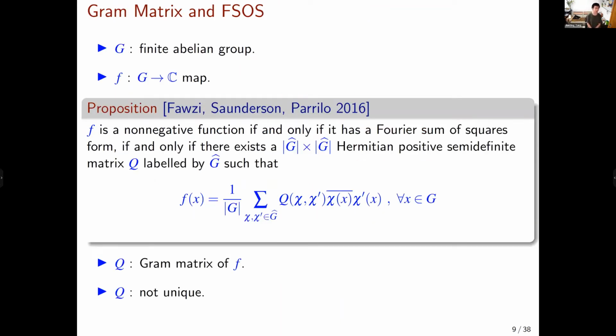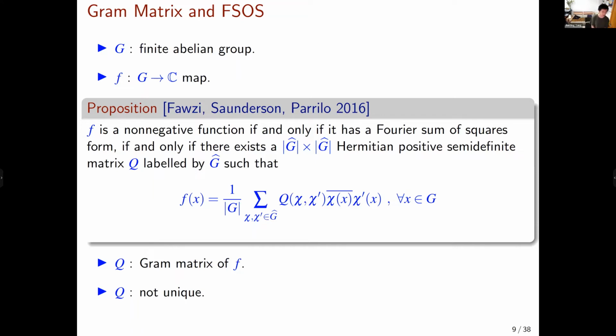So let's consider the Fourier sum of squares on a finite abelian group. Let G be a finite abelian group, and f a function from G to the complex numbers C. The theorem from the paper of Fossey, Sanderson, and Pavlov in 2016 says that f is a non-negative function on the group if and only if it has a Fourier sum of squares form, if and only if there exists a Hermitian positive semi-definite matrix Q, indexed by G hat, such that f has the following quadratic form.